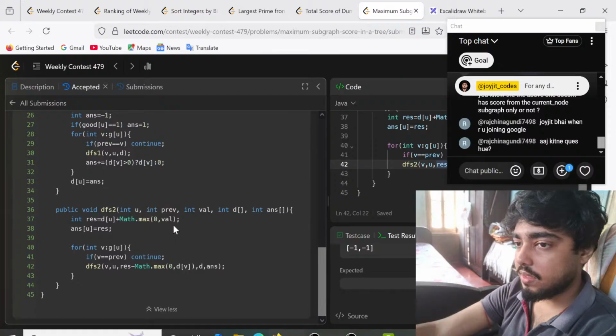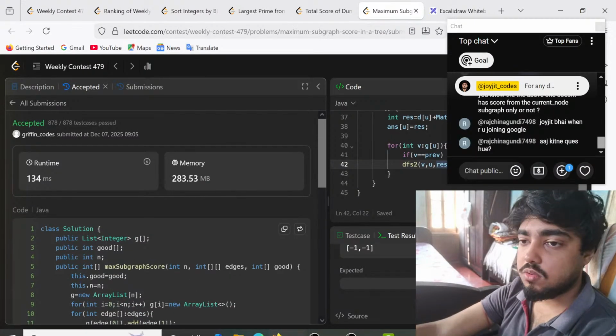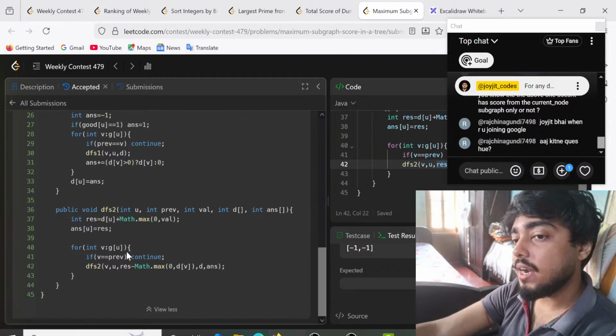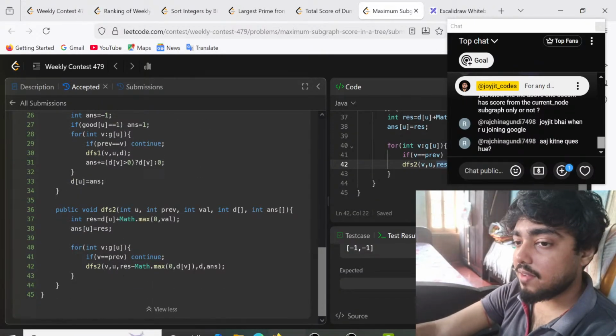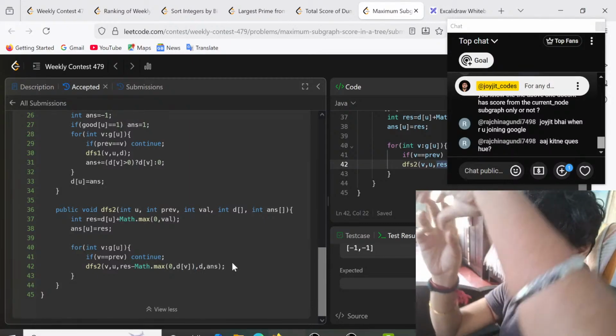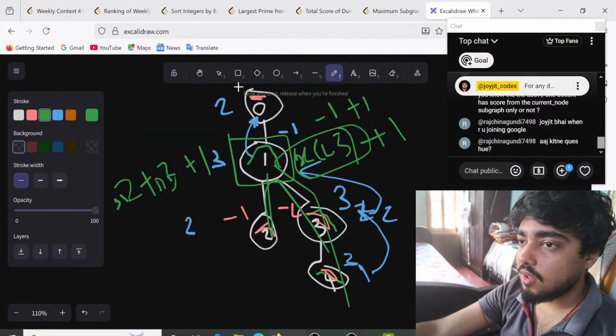The value, this val is initially 0. But post that, the value of val becomes result minus max of 0, d of v. That is whatever this part is. See, how can I get the value of this?